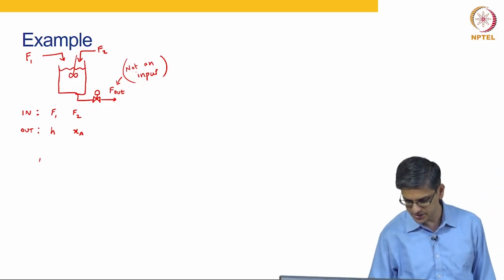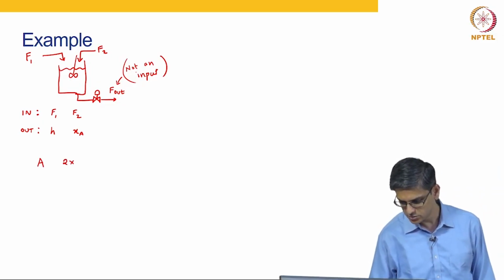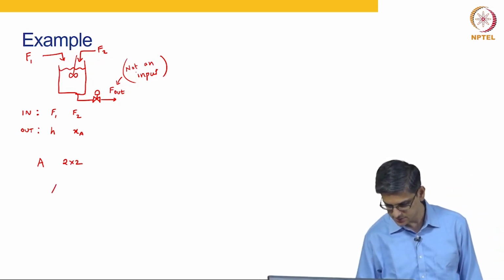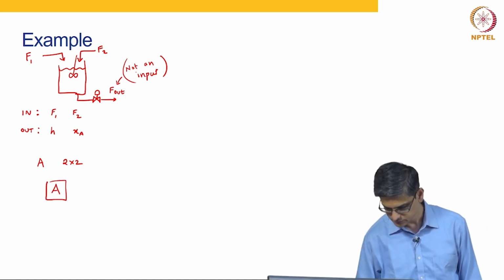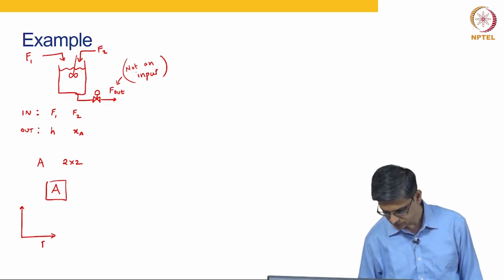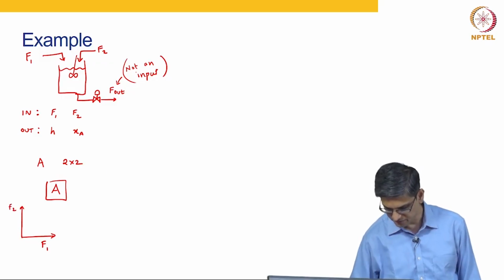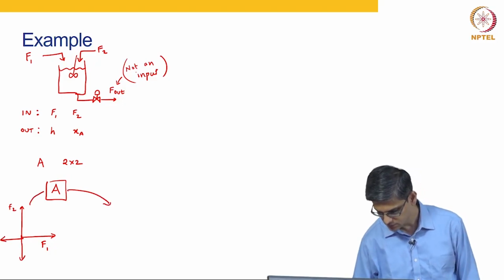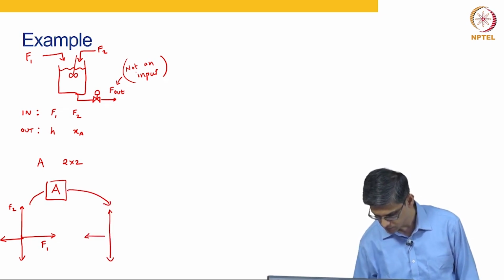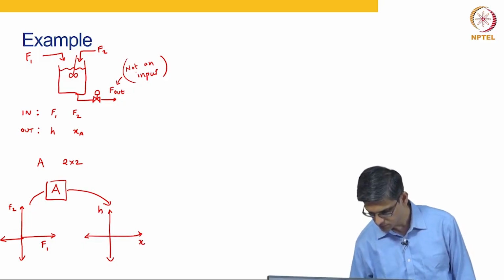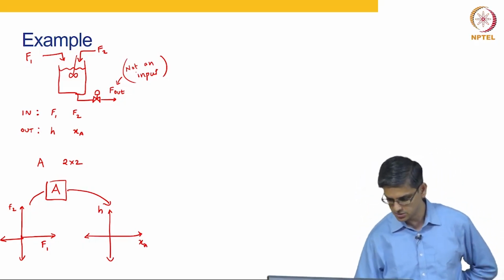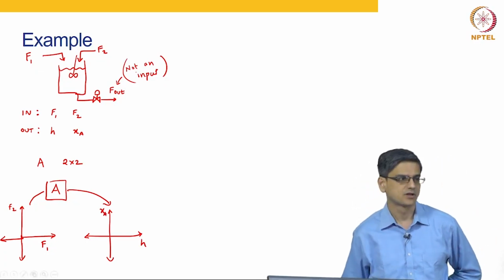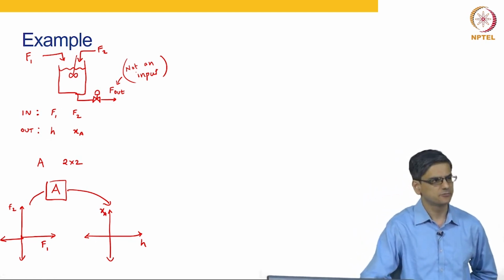In this particular case, the matrix A becomes a 2 by 2 matrix. Okay. So, the matrix A is transforming from an F1 F2 space to an h x space, actually sorry. Okay. So, that is the example that we will consider.